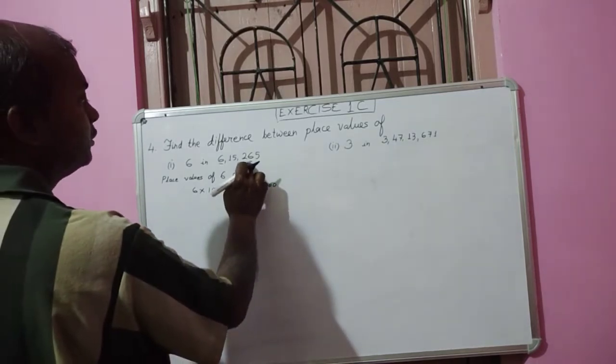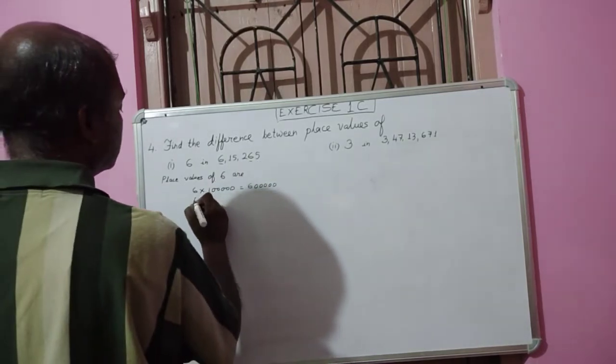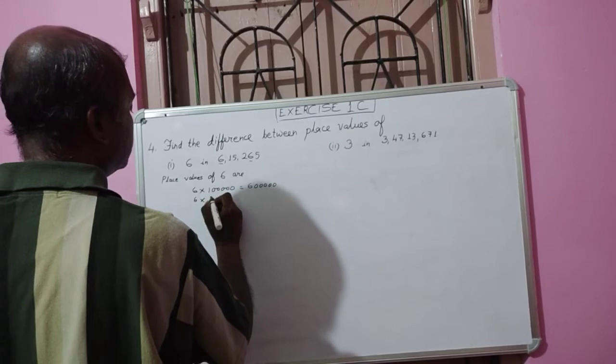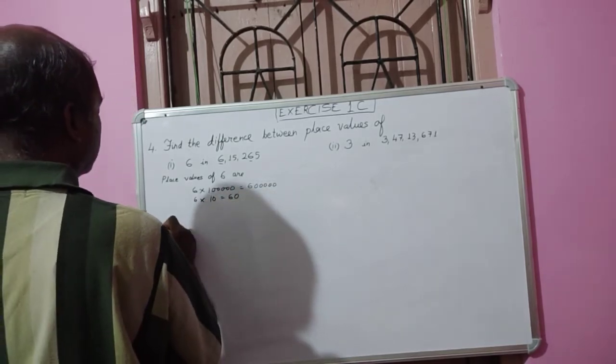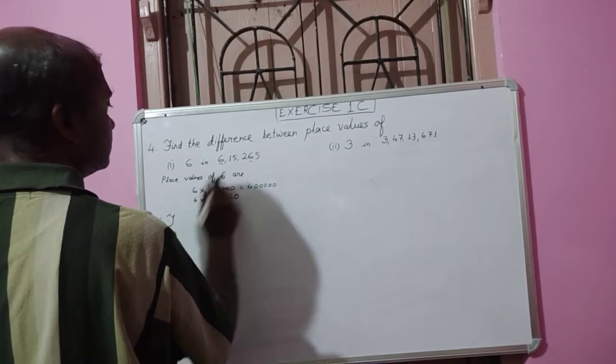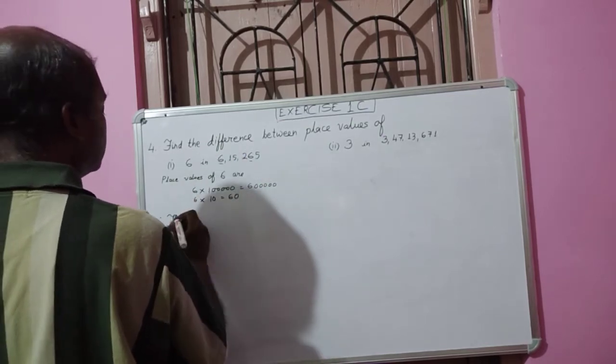Now what is the place value of 6 in this position? This position is tens position. So 6 into 10 is 60. Therefore we have to find their difference. See, they have asked find the difference.